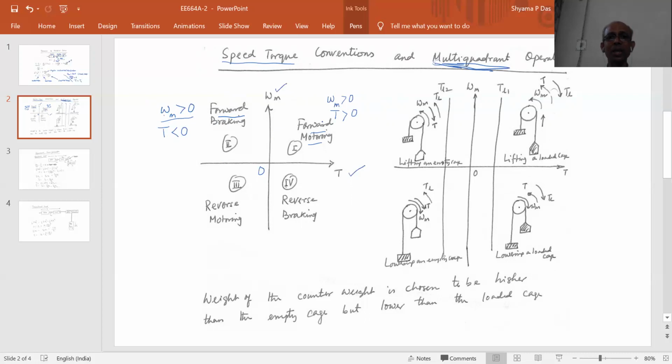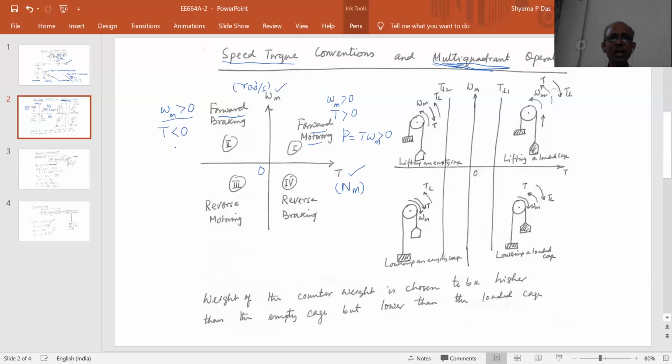Power is negative here, whereas in the first quadrant the power is positive. What is power? Power is the product of torque and speed. The torque unit is usually Newton meter, and the speed unit is radian per second. The power is the product of torque and speed, and in the first quadrant this is positive.